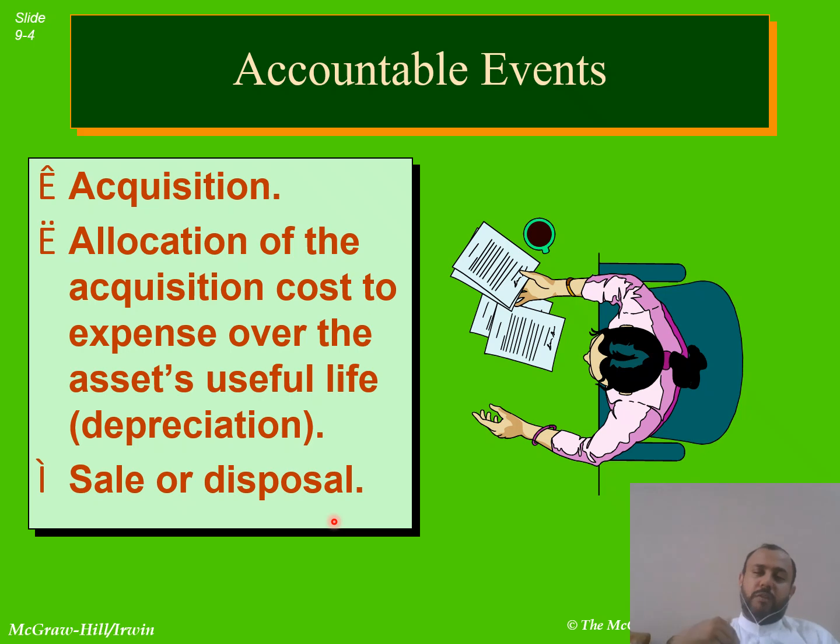Let's suppose we have acquired the asset and we plan to use it for 7 years, but we sell that asset after 5 years. It was to be used for 7 years, but after 5 years we have sold it, we have disposed of it. So that is sale or disposal.